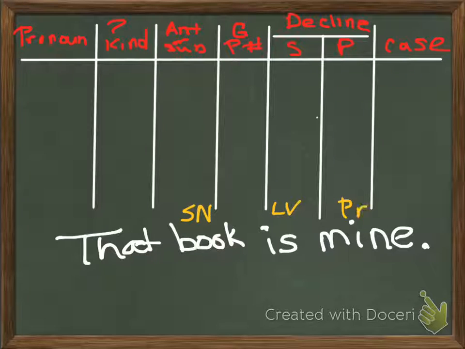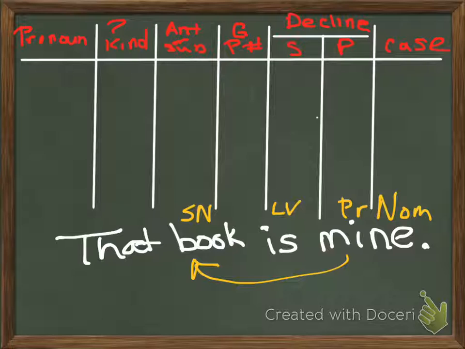It's giving more information or complementing the subject, book. It's telling us exactly whose book it is. It's mine. Now, book. We go to the noun. What kind of book? Which book? That book.